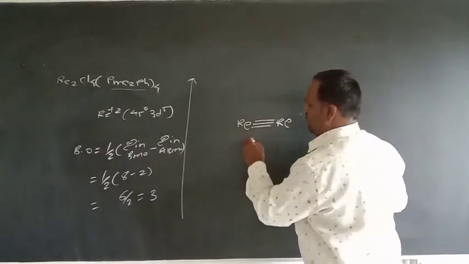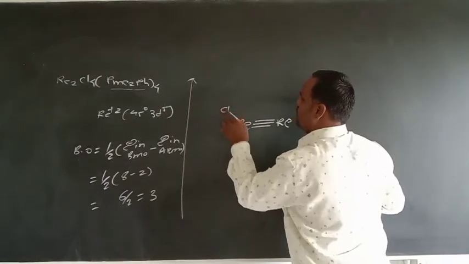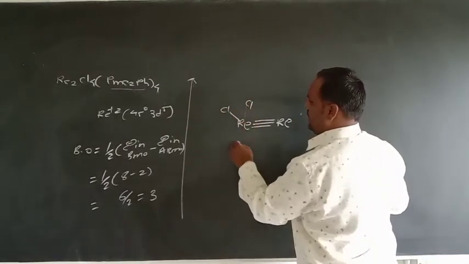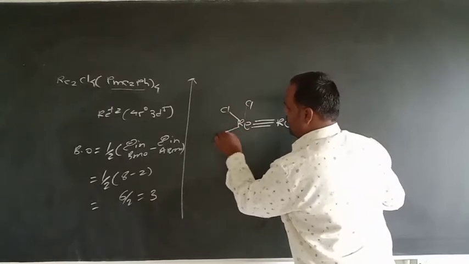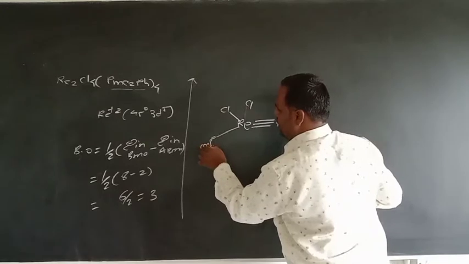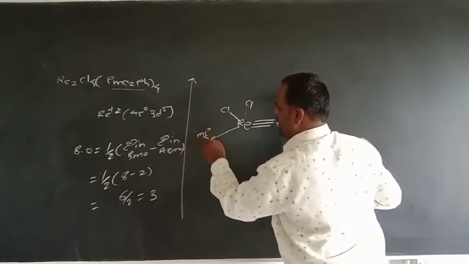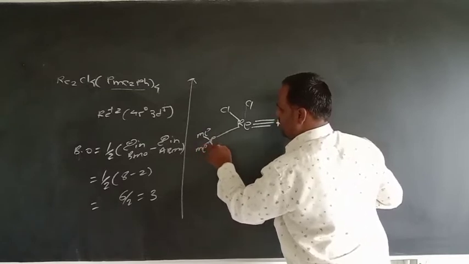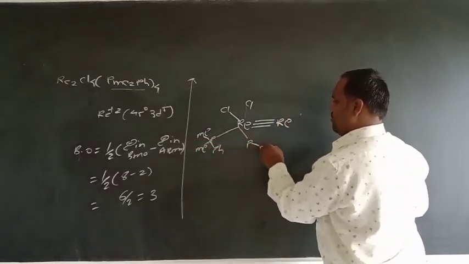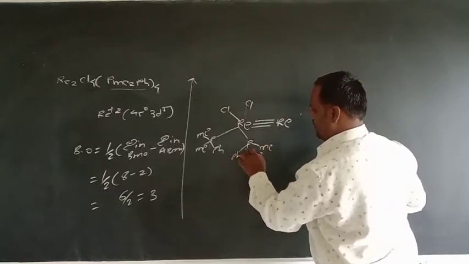attached to the metal atom, that is, 2 Cl ligands, chlorine ligands, are attached, and 2 Me2PH, that is a P(Me)2H ligand, and again another P(Me)2H is attached.